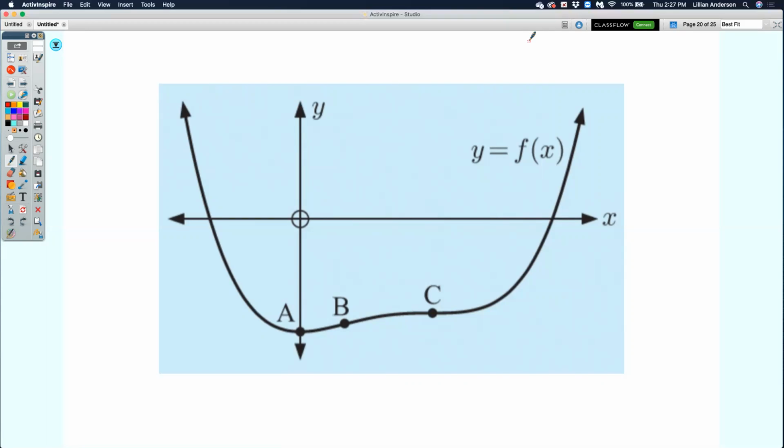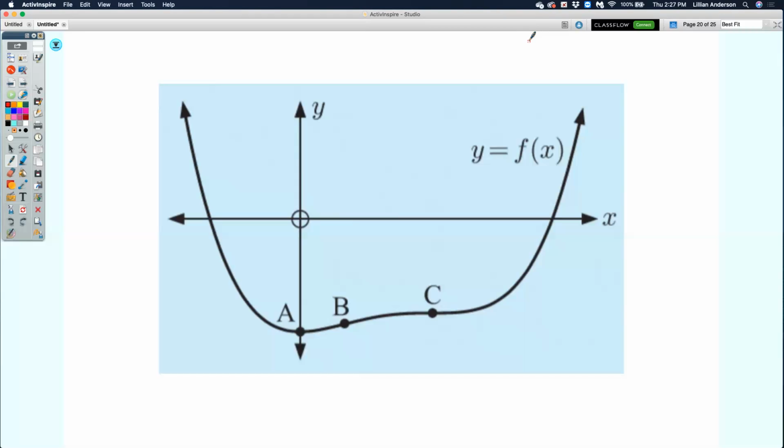When you look at point A, what does point A look like to you all? Like in context of the original function. What does A represent? Y-intercept. It does represent a y-intercept. That is very true. What other feature of the original function is point A besides a y-intercept? The global minimum.